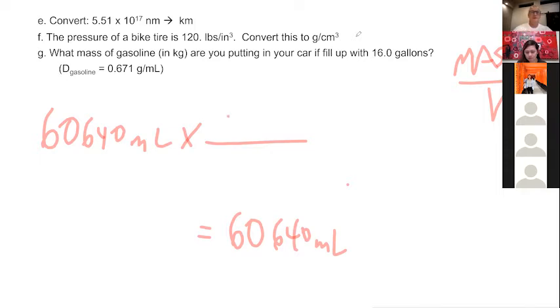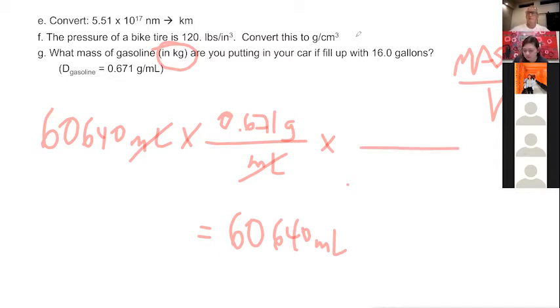So our density is 0.671 grams in 1 mL. That gets rid of our milliliters, but we don't want the mass in grams. Remember, the question asks for kilograms. So we need to finish with kilograms. I'm going to put kilograms on top and grams on the bottom.